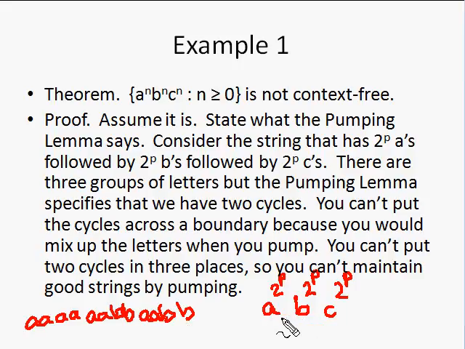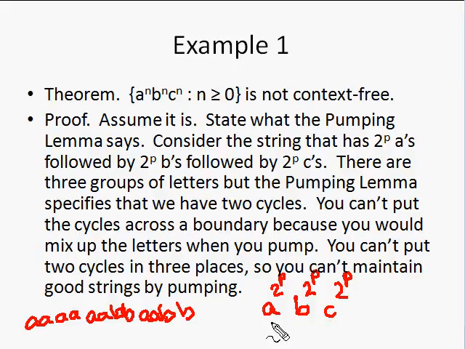So you can't grab both A's and B's in your cycle, and similarly, you can't grab both B's and C's in your cycle. So you have to put your 2 cycles completely, each within one group of letters. Now, if you put 1 in the A's and 1 in the B's, then you're leaving out the C's when you pump, and all 3 letters are supposed to have the same count.